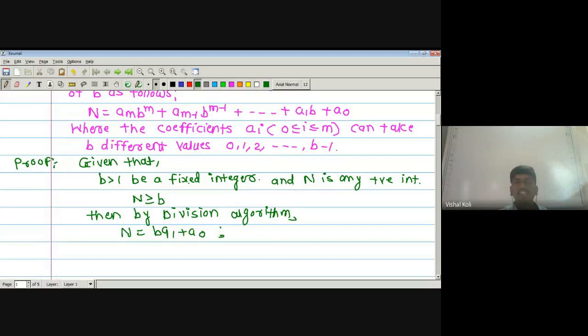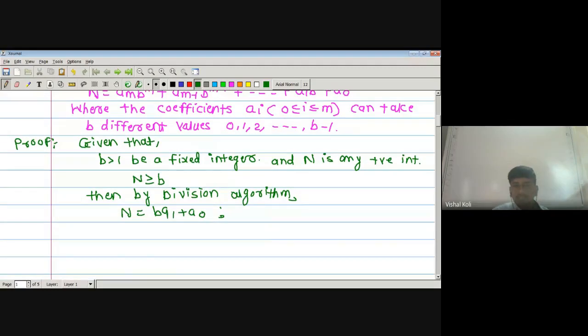Therefore ai is nothing but the remainder value when any integer is divided by b. Therefore by division algorithm, a naught lies between 0 and b.